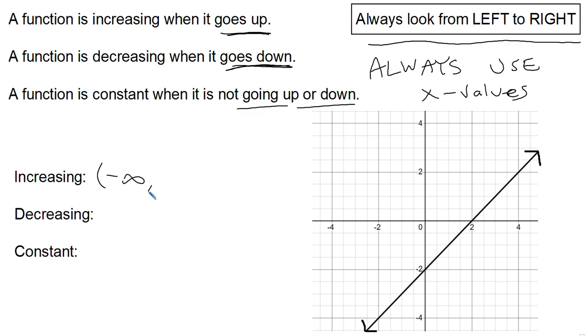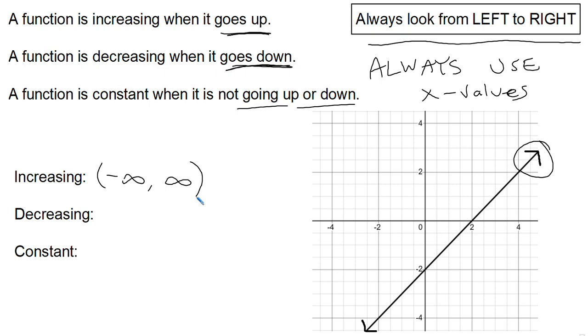And again, any infinity will always have a parenthesis on it for interval notation. As it goes to the right, it's always increasing. There are never any places where it stops increasing and starts going down, or where it flattens out. It's always increasing, so this will continue to increase for all of the x values because of this arrow that points to the right and up. So this is going to increase from negative infinity to infinity.